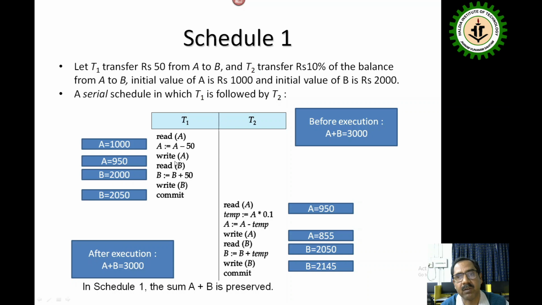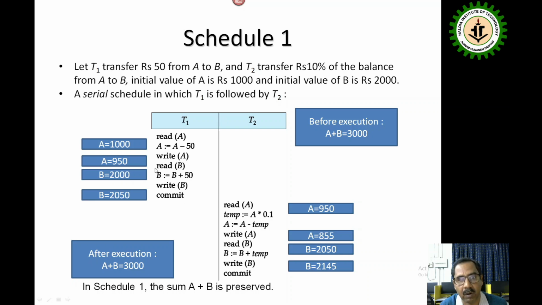Commit means, what are the modifications done by T1? Write A, write B. Read A is not a modification. It only retrieves the value of the data item. But whenever a transaction performs a write operation, that means transaction T1 modifies that particular data item. Here T1 performs two write operations, write A and write B. So two modifications are done.